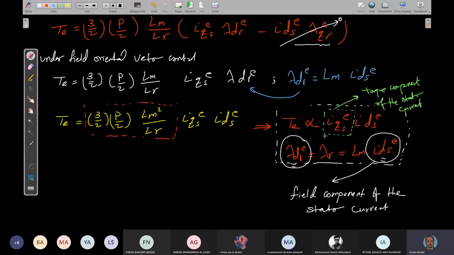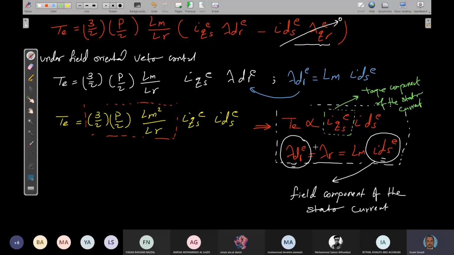And this is very interesting. Why? Because now I can understand what I should control. If I need to maintain the rotor flux constant, I need the field component of the stator current, IDS, to be regulated to be constant. If I need to control the torque, then I will control the torque component of the stator current, which is the IQSE.